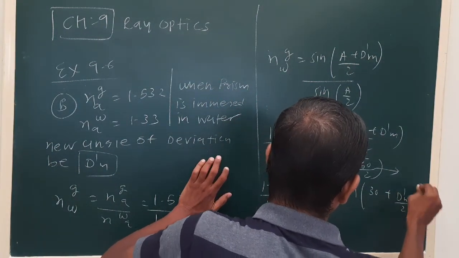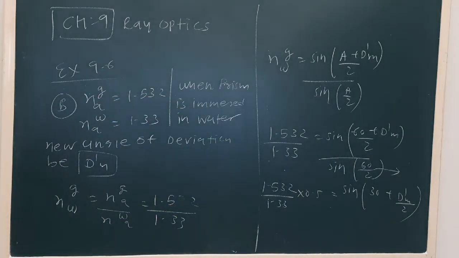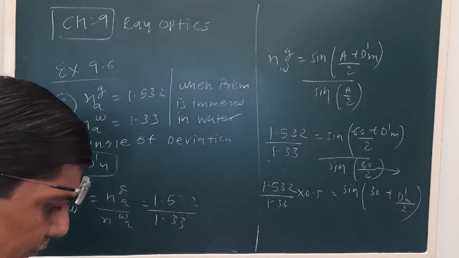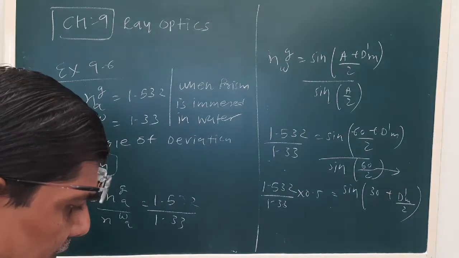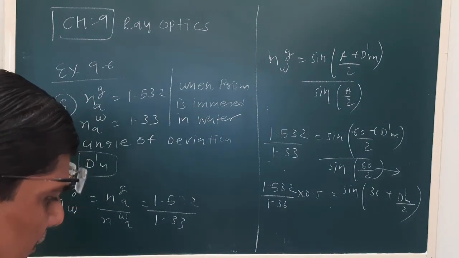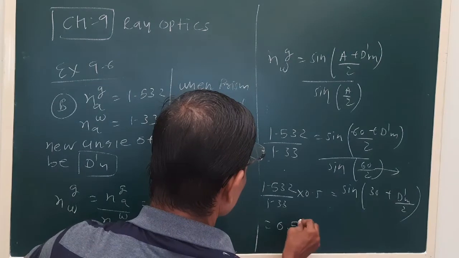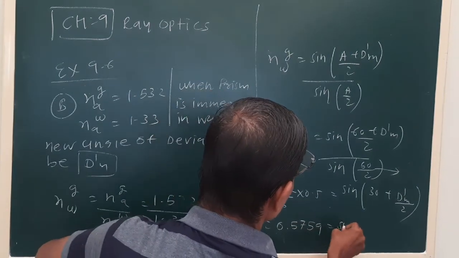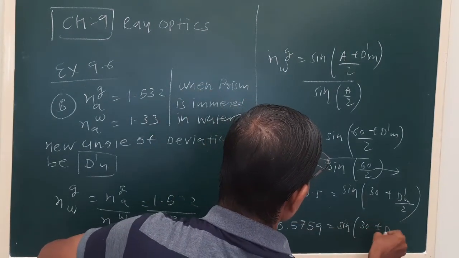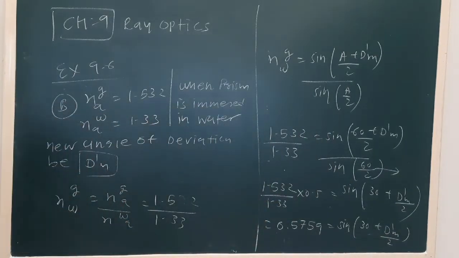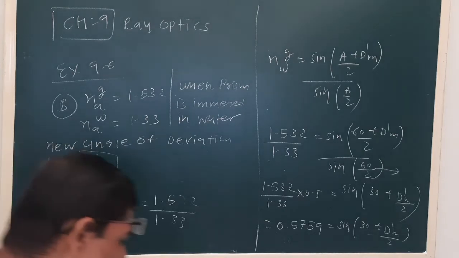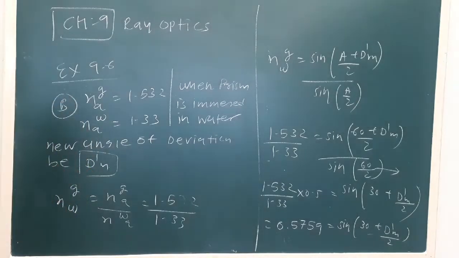Now let us solve this. 1.532 into 0.5 divided by 1.33. That is 0.57. Okay, now if we see in the natural sine table, what we obtain is 35 degree 10 minutes.